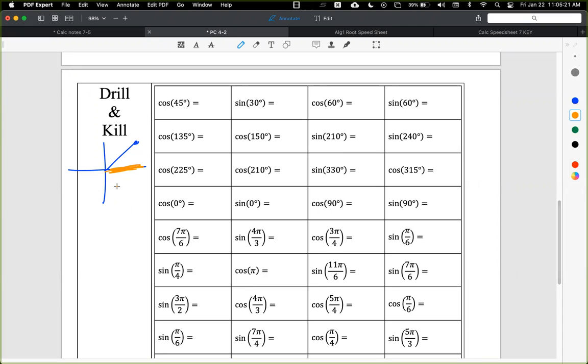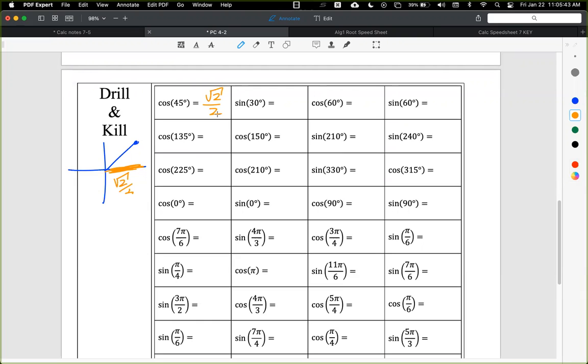So this distance must be square root of 2 over 2. That is the right answer. It takes longer to write, which is why I don't have to have you memorize this in 1.5 seconds. Each of these problems should take you 2 seconds, because it takes slightly longer to write.